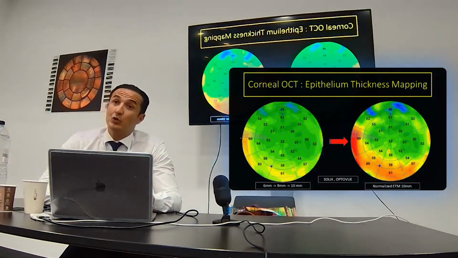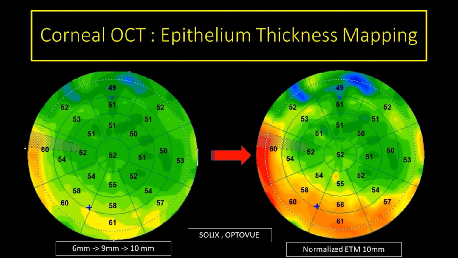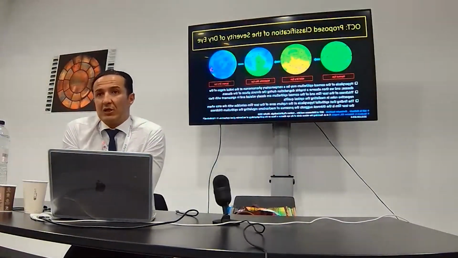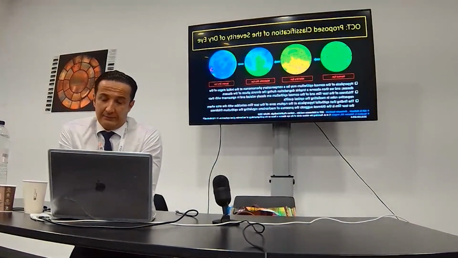And when you have a normalized epithelium mapping, you change the scale from 5 micron to 2 micron to highlight the slight changes. And with epithelium mapping, I propose a classification of the dry eye.